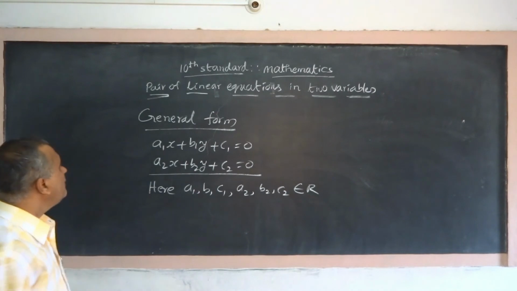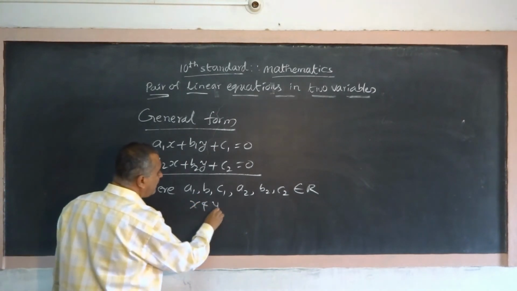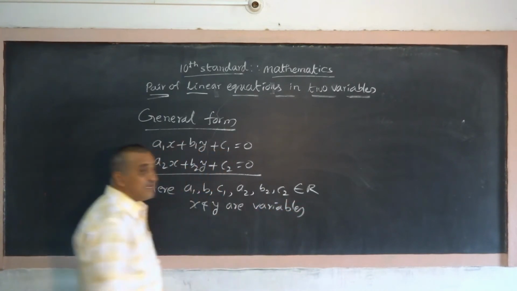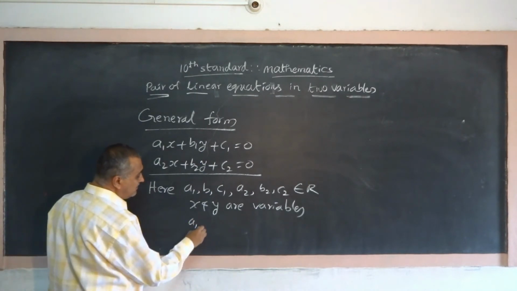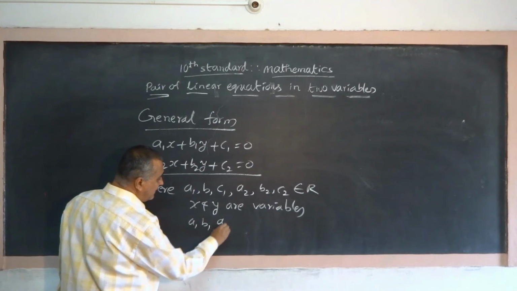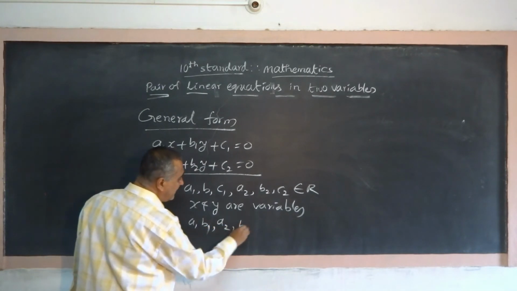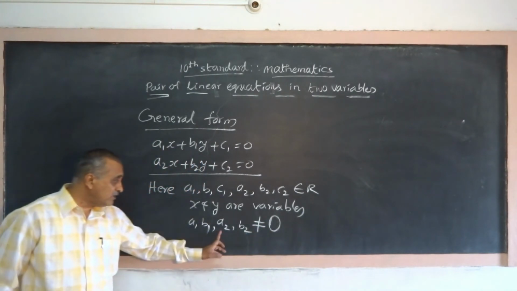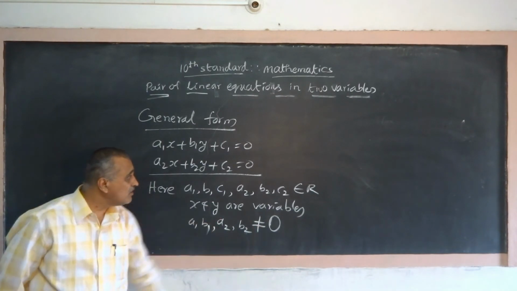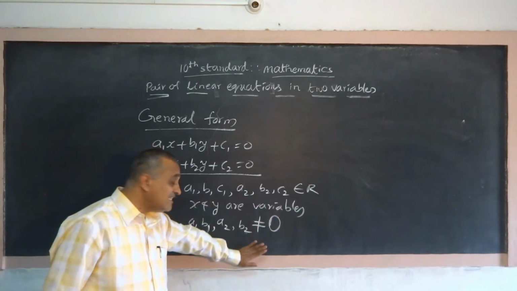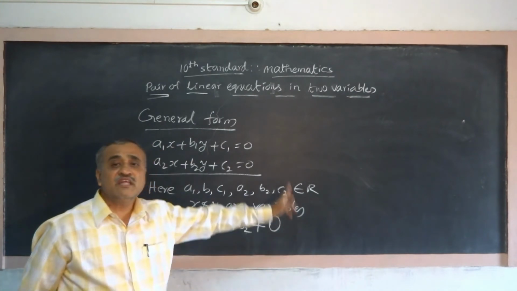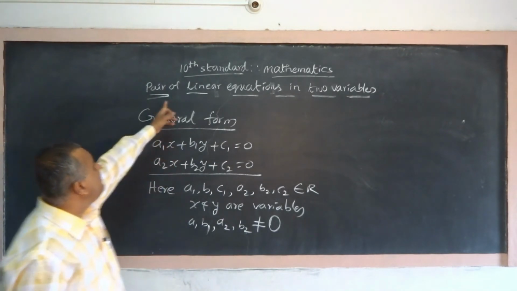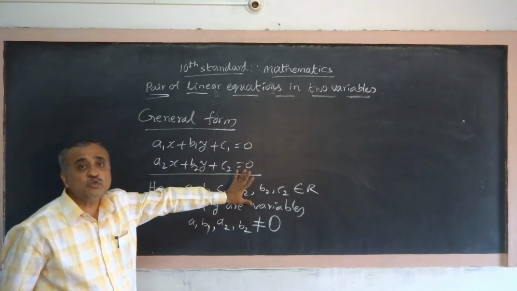They are real constants. x and y are variables, where a1, b1, a2, b2 should not be equal to 0. This is called the general form of a pair of linear equations in two variables.